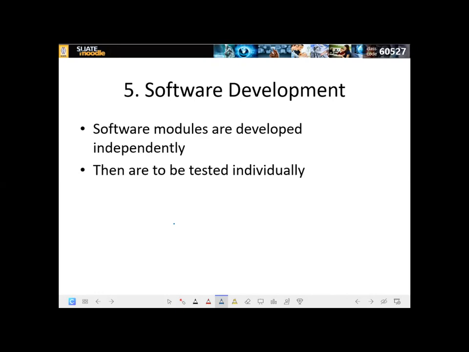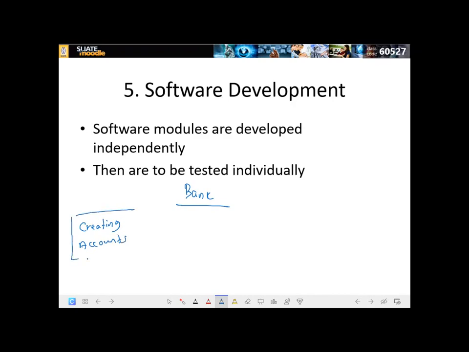Now we have come to the development stage. Now we are going to develop software. Modules are developed independently, then are to be tested individually, right. What does it say? Develop independently. Students, if you think of a banking system, several modules are there. For example, we need creating accounts.